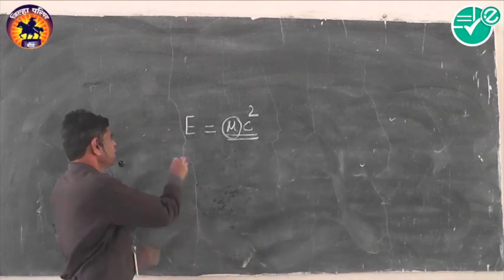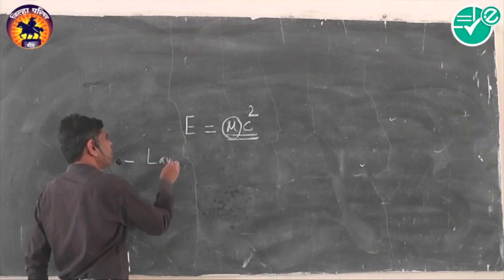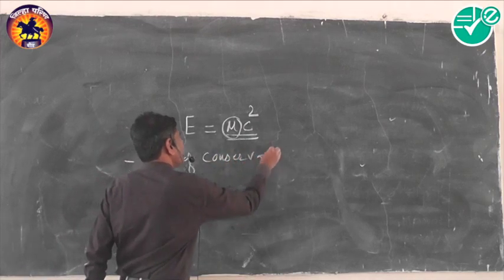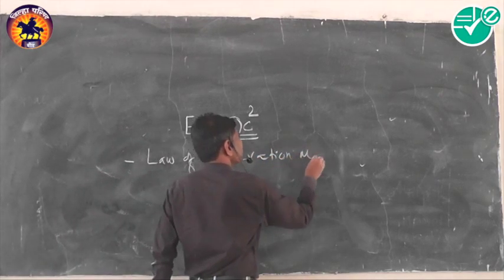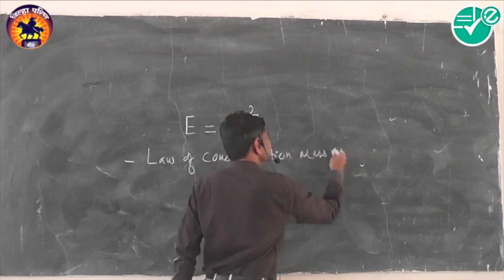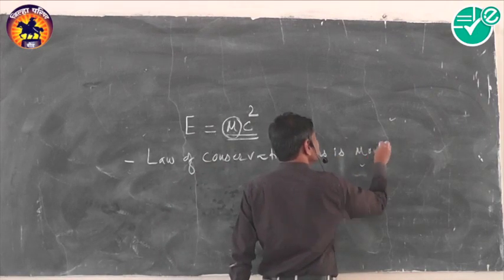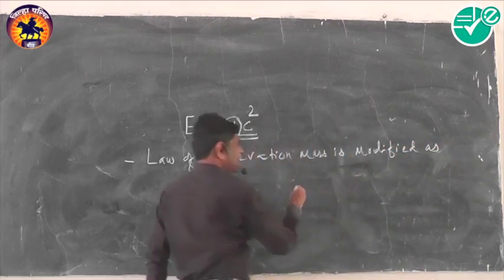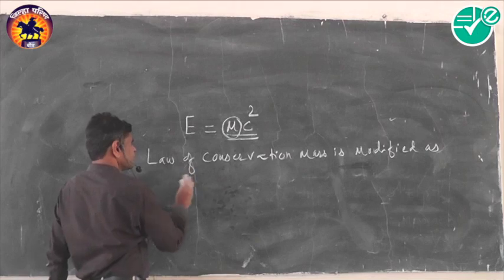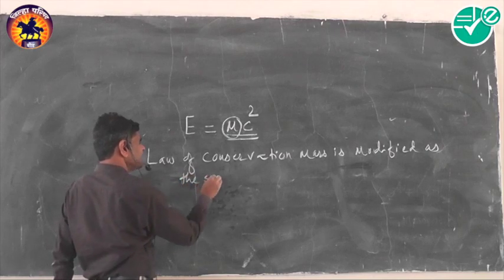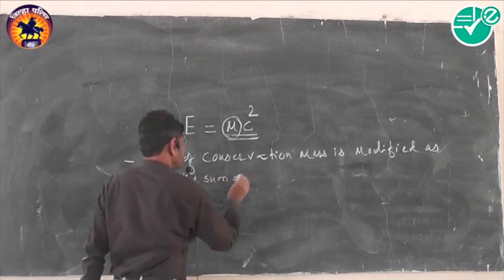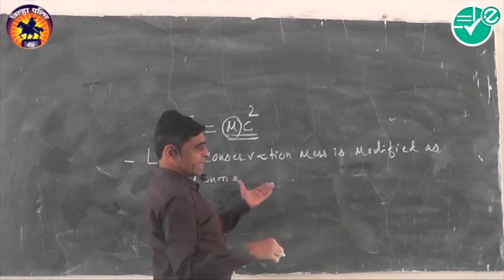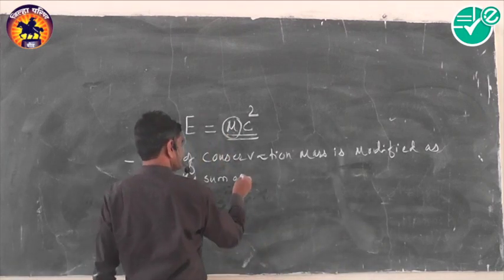And thus the law of conservation of mass is modified as: the sum of mass and energy, or the total mass and energy during reaction, remains unchanged.